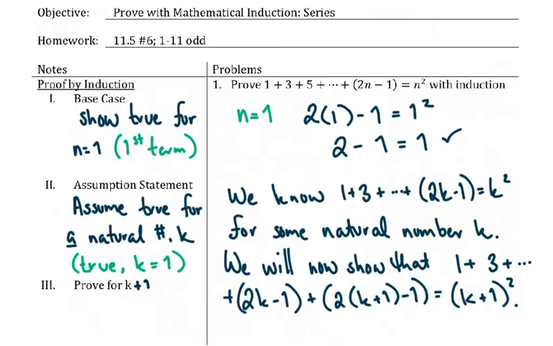So we added on this new term for k plus 1. And then on the other side, we've plugged in k plus 1. So we've just changed the upper bound of the series as we went along. And it's really helpful to write this out because this is sort of what you want. Once you have this, this is how you know your proof is done. Once you end up with this algebraically, you're able to put the conclusion on the end there, just like we would for some of our other proofs.